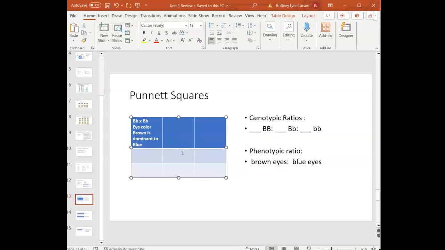So when I do a Punnett square, let's cross two heterozygous individuals. The first gamete is going to inherit a dominant allele, capital B, and the second gamete will inherit a recessive allele. And then the same thing for the second parent. They have the ability to donate two different alleles.